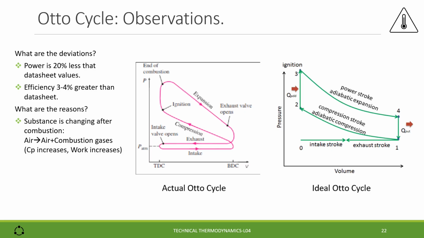From the air are produced combustion gases that increase the heat value at constant pressure, and this can justify an increase of the real work. Moreover, the cycle cannot be simplified as we have done, because we have to consider also the intake and exhaust phases that produce a negative work as a consequence of the pressure drop.